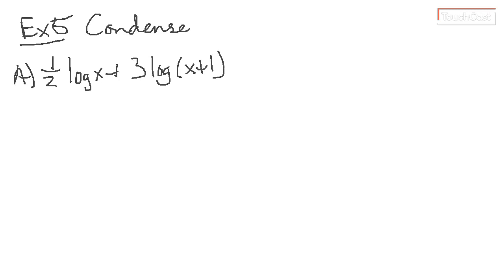And we are going to condense that down to one expression. Now we can, using the power property, rewrite this as log of x to the 1/2 plus log of x plus 1 to the 3rd power.